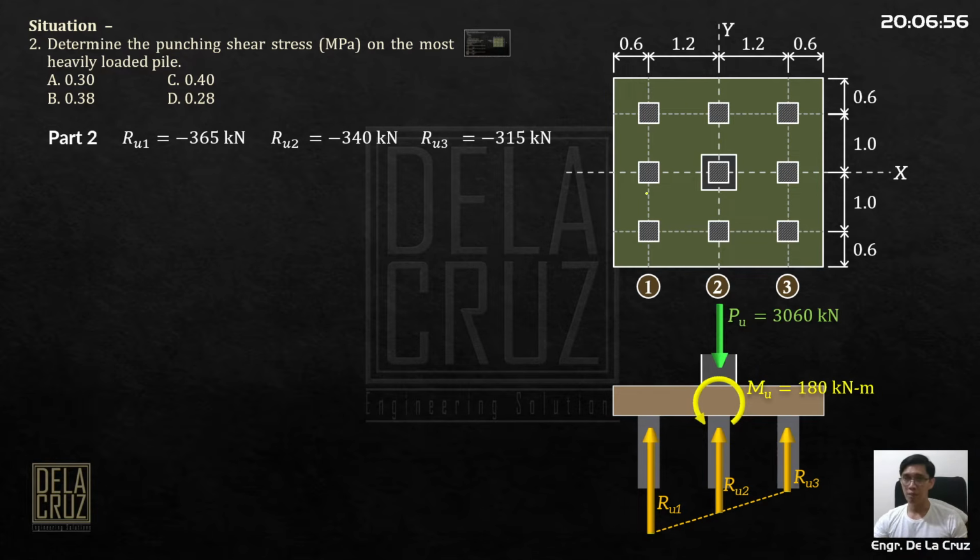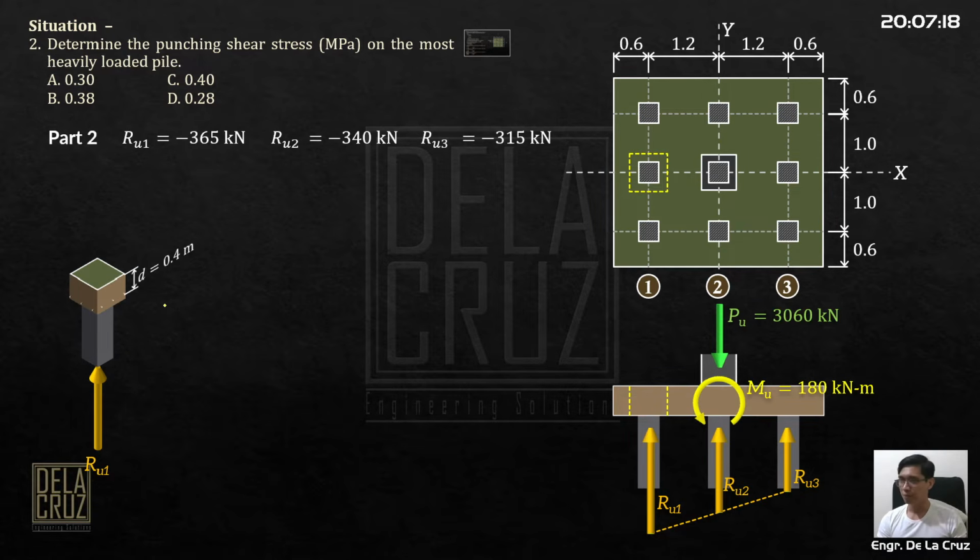So, alam natin, but for a punching shear, that happens at a d over 2, yung critical section. Base yan sa code. Ito yung ating critical section. Ito yung matatanggal, yung part na yan. So, titingnan natin siya sa 3D. So, we have here RU1, effective depth.